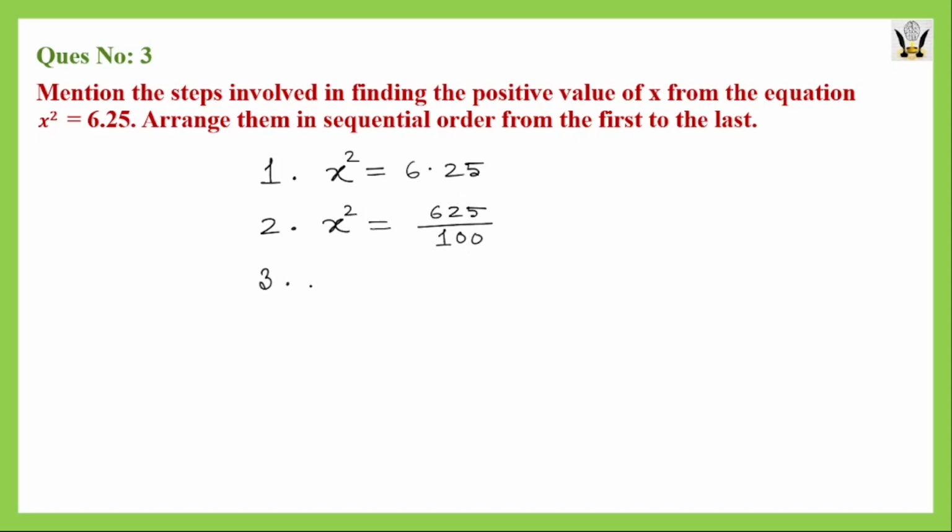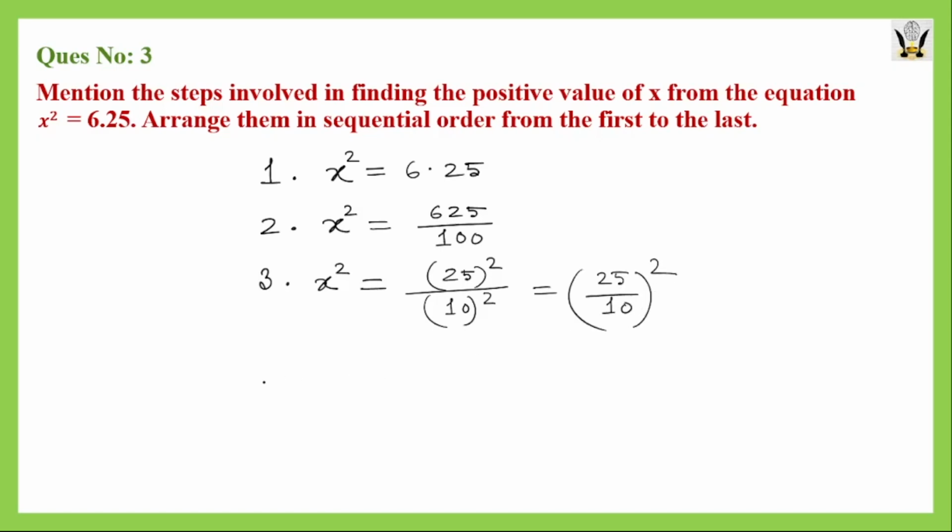Now in the third step we will represent both the numerator and denominator as perfect squares. So 625 is the square of 25, and 100 is the square of 10. So finally it can be written as 25 divided by 10 and then the square of that value.